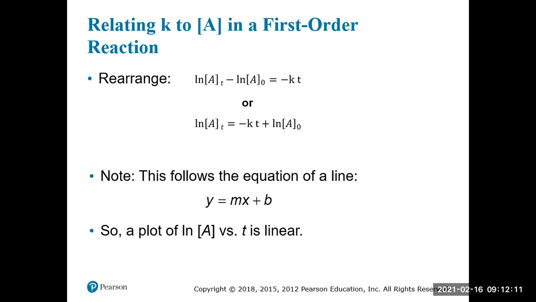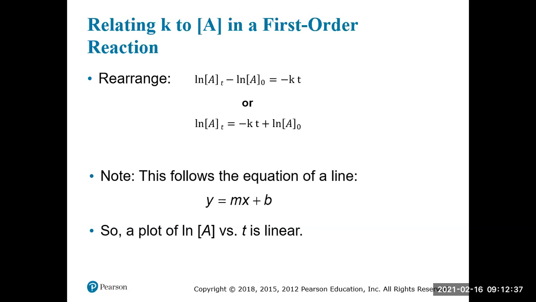And y would be natural log of A at time t. M, which is the slope of the line, would be minus k, and t would be the x variable. And the natural log of A0, that's the y-intercept.